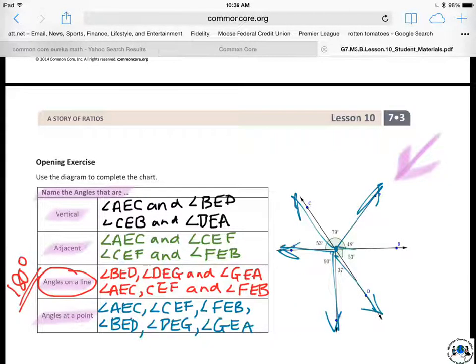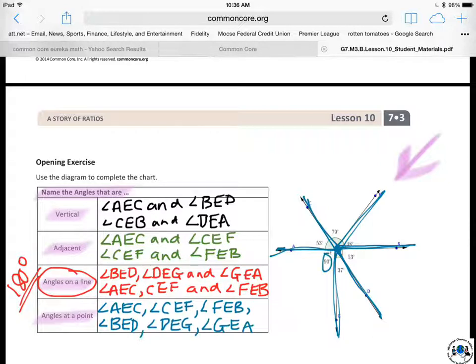An example of this could have been AEC, CEF, FEB, BED, DEG, and GEA. Add all those up, and of course they equal 360 degrees. In fact, that is the only answer for that one.